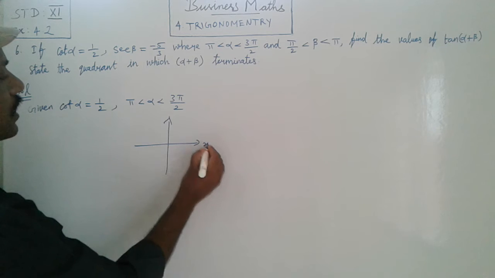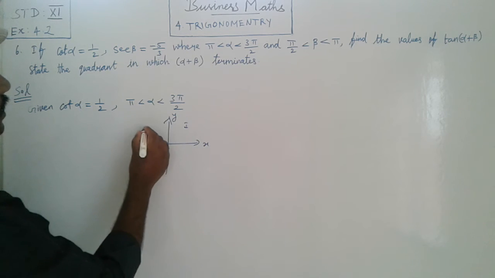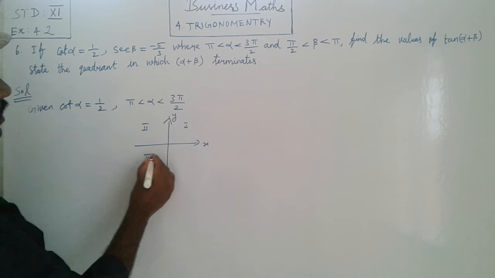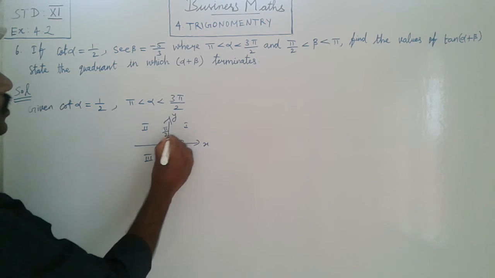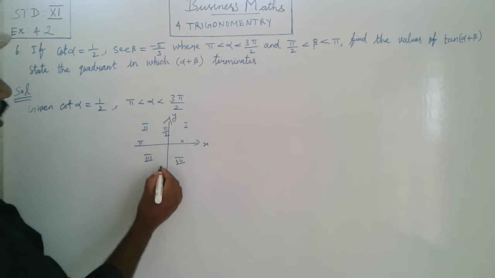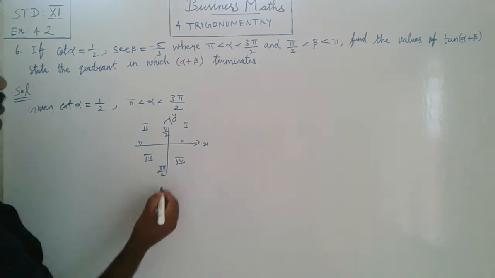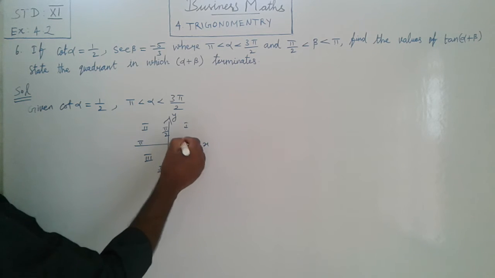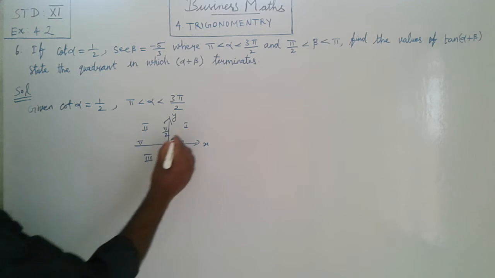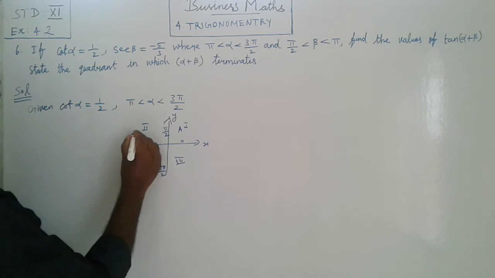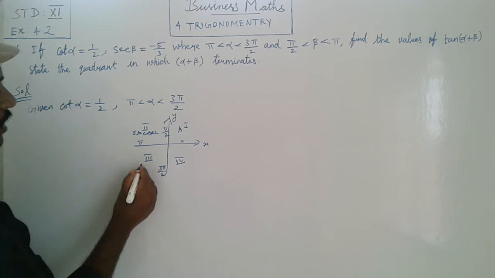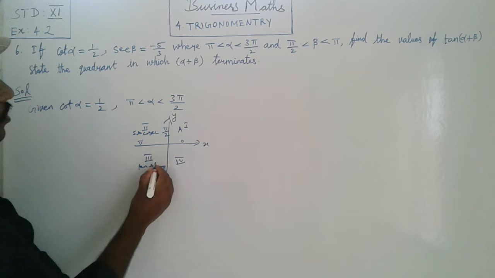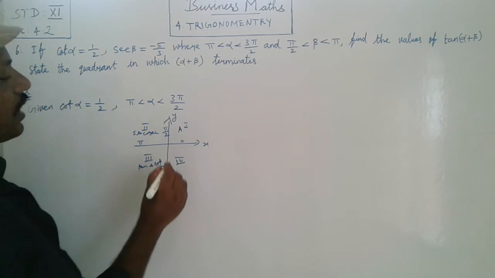We should take x-axis and y-axis, first quadrant, second quadrant, third quadrant and fourth quadrant. Here 0 to pi by 2, pi by 2 to pi, pi to 3 pi divided by 2, 3 pi divided by 2 to 360 degrees is 0 again. So in the first quadrant all the values are positive; in the second quadrant, sine and cosecant are positive, other ratios are negative. Third quadrant, tan and cot only are positive, remaining negative.